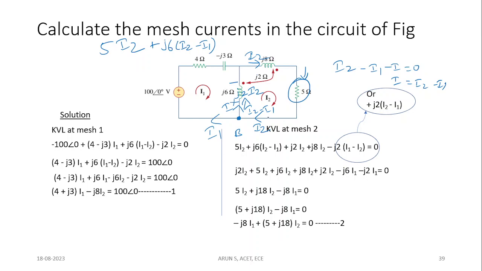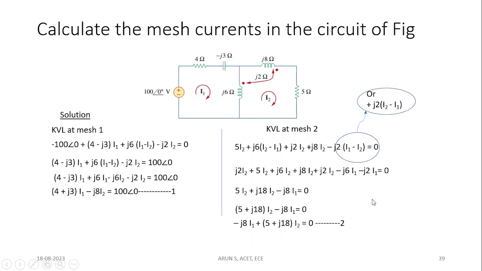So plus J2 I2 is written here because I2 is entering positive and leaving negative of the induced voltage. I'll clear all this so that we can avoid confusion. So we have the mutually induced voltage plus J2 I2.